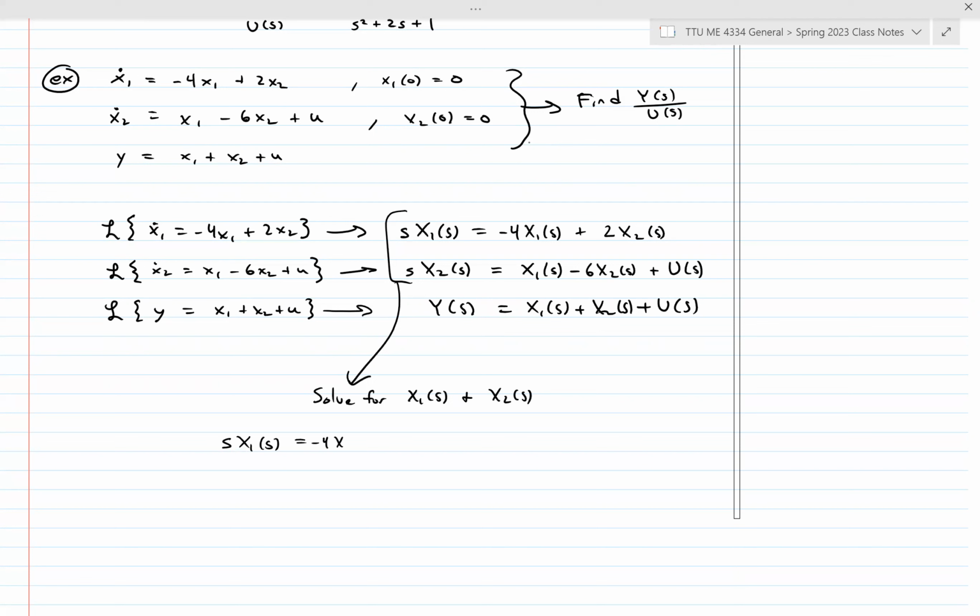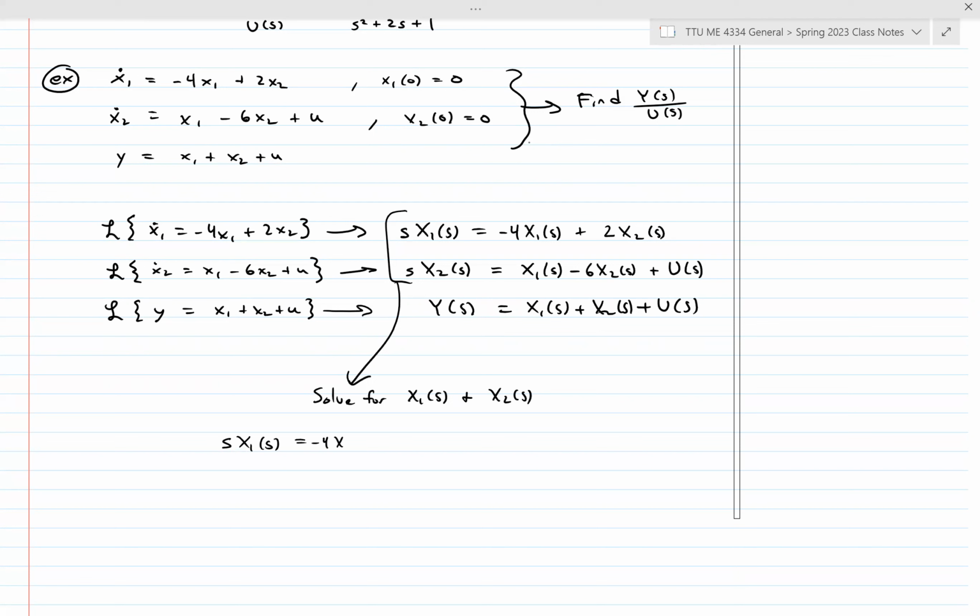So we're going to have s times s plus 4. We're going to move over a negative 2 from this guy, and then plus a 6 times s plus 4. Keep the u on the other side, right? We want to keep that separate. So this should end up being what? s squared plus 4s minus 2 plus 6s plus 24. And X2 of s is s plus 4 times U of s.